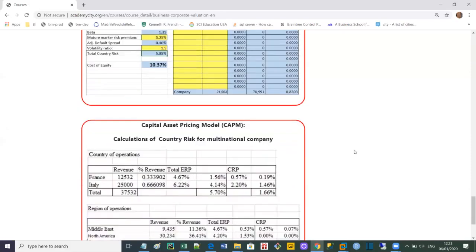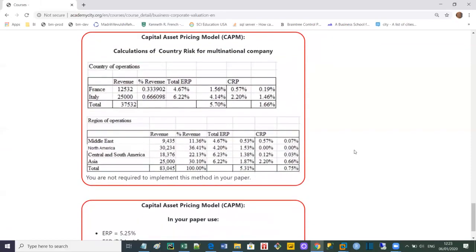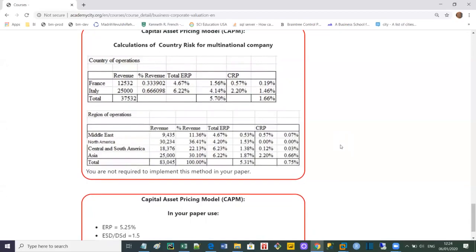I provide it for you in the Excel, but I really don't ask you to do that in the paper. If you feel you're supposed to, you can come to me, and I'll be more than happy to assist you to implement the same method for a multinational company that operates in several regions. And you have those Excels in one of the folders, in the Excel I provided you.